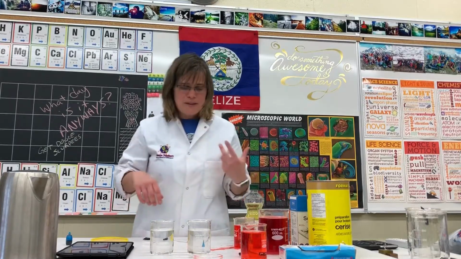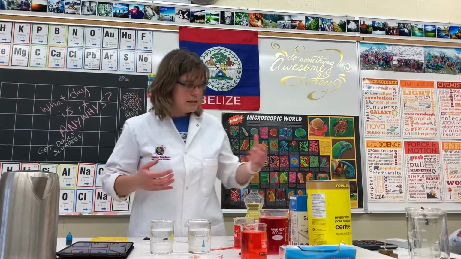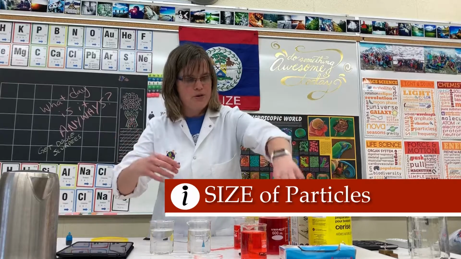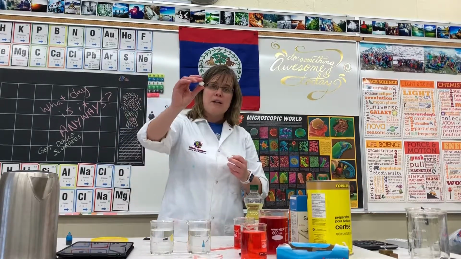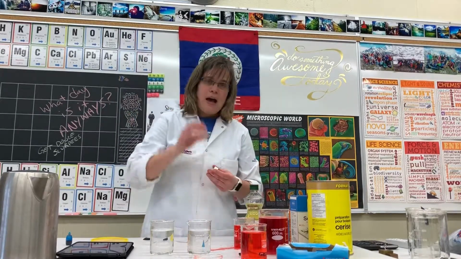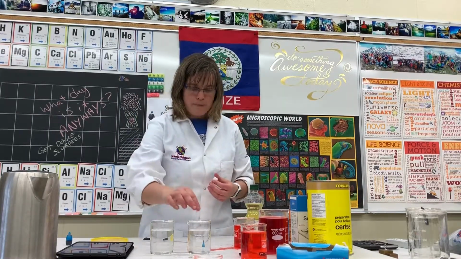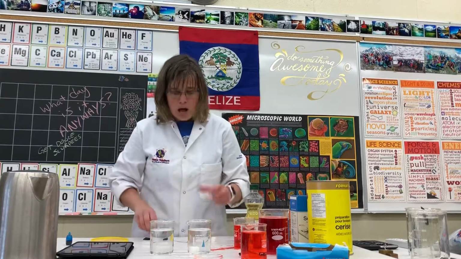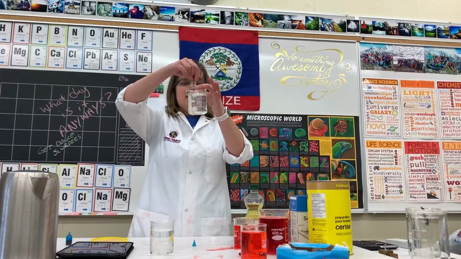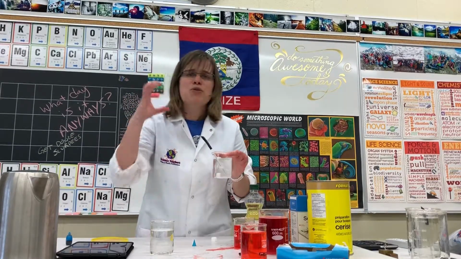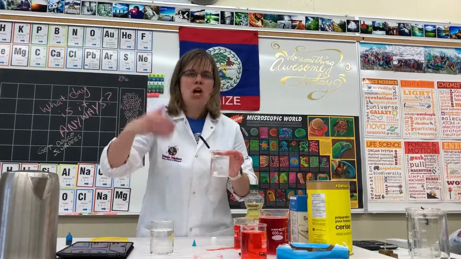The second thing that affects speed, which we haven't really looked at today, is the size of particles. I have been using some coarse salt. However, if I was to put one huge big sugar cube into the water, it's going to take a lot longer for me to break the sugar cube down and get it to dissolve. It's kind of like eating one of those really big jawbreakers. It takes a long time.